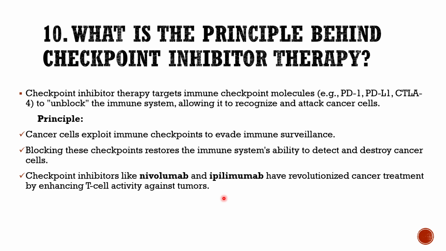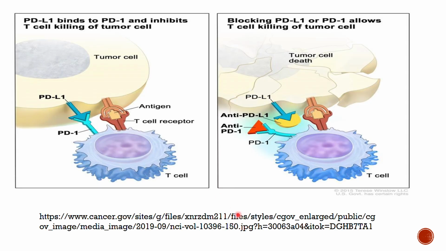Nivolumab and ipilimumab are those checkpoint inhibitors. They try to block the chain where the tumor cell pretends to be a normal one, and those inhibitors stop that chain.